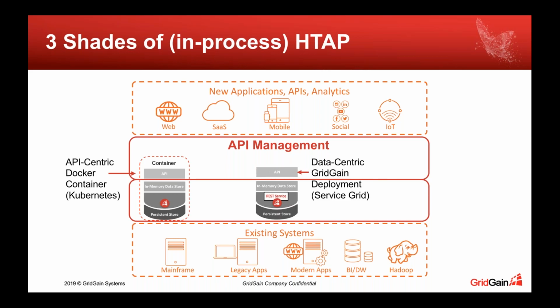But there are two others that are more data-centric, that are oriented around the data. The first one is really a compute grid, where you push the code to the node, the compute to the data, to do things like machine or deep learning, or to do deep analytics that have to run against a massive data set.